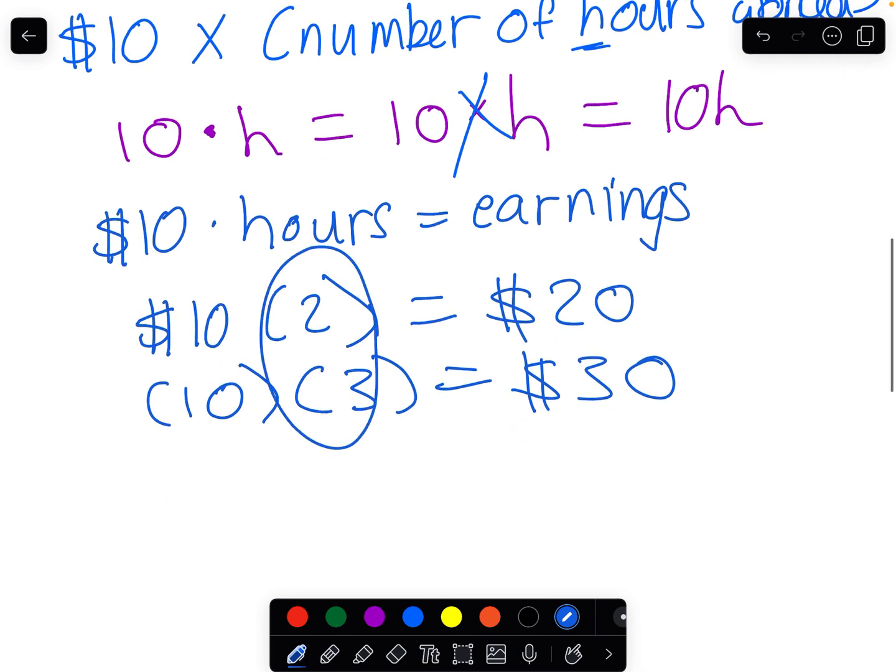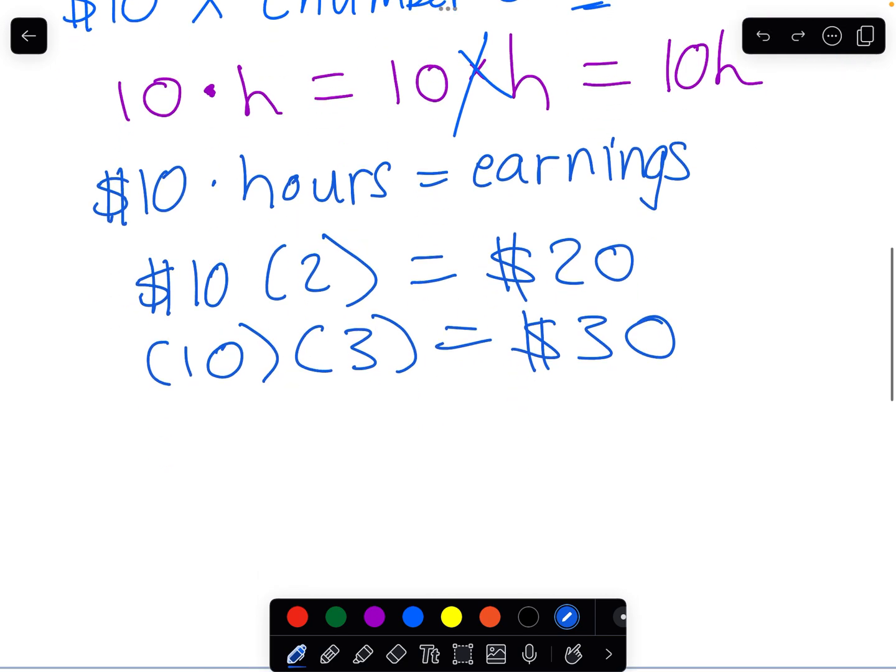But we don't always know how many hours she's going to work. So the algebraic equation would be 10H equals E. Now, what makes this an equation is I've got an equal sign.